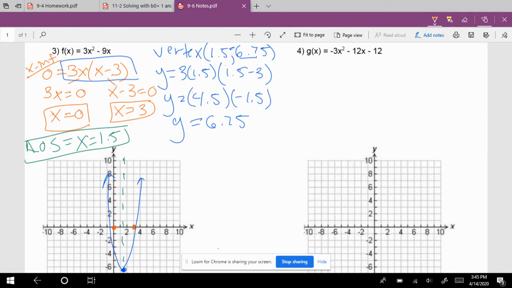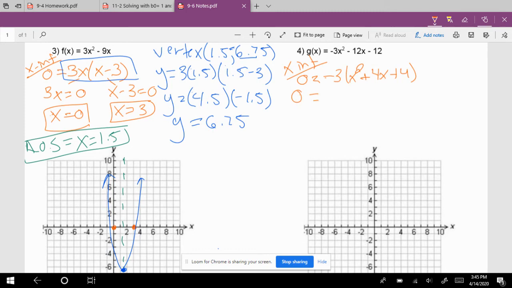So for the x-intercepts, I am solving 0 equals this function, and I can tell already that there is a GCF of negative 3. So I'm going to go ahead and factor that out first. So plus 4x plus 4.